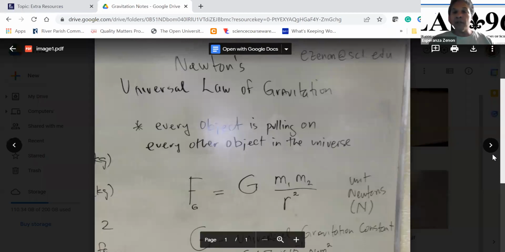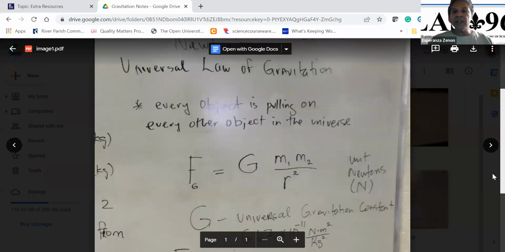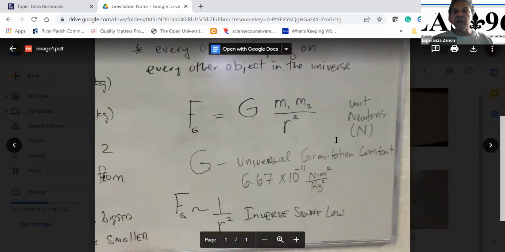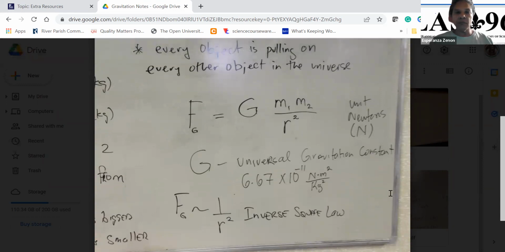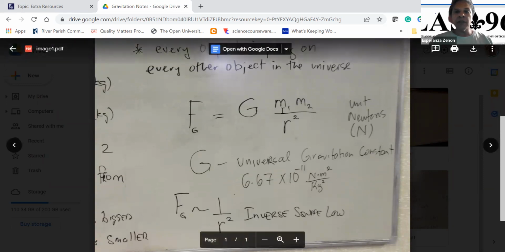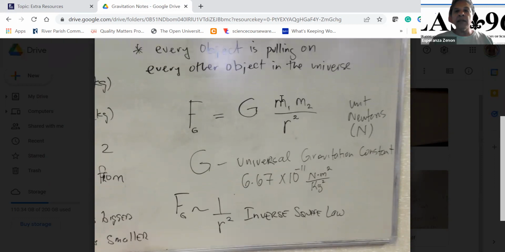There's the formula. It reminds you of the units that are involved if you're solving for force. We talked about on Tuesday that in order to find the gravitation force, you need to take the mass of the two objects and multiply, and you need to divide by the distance between them squared.